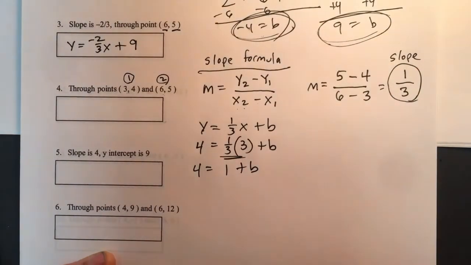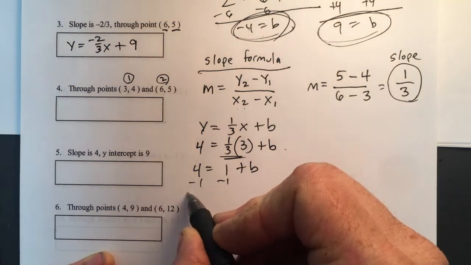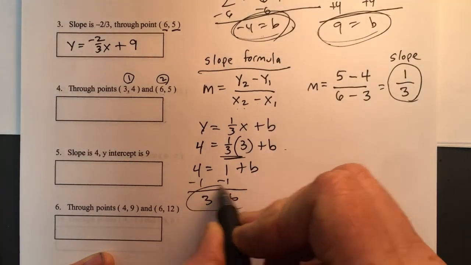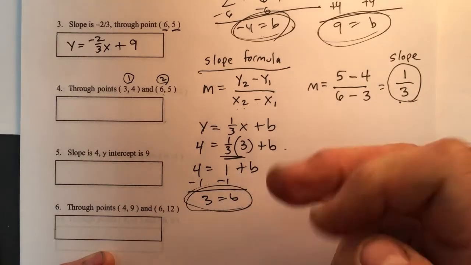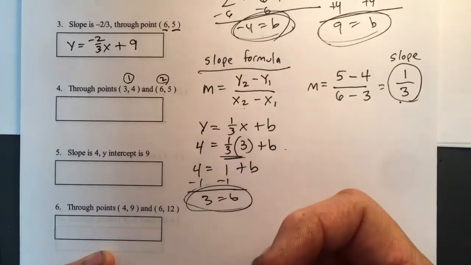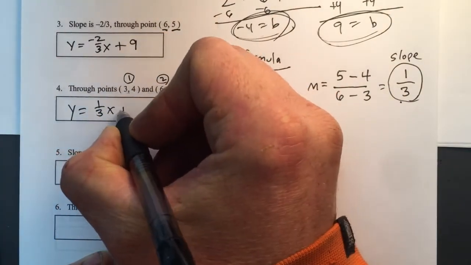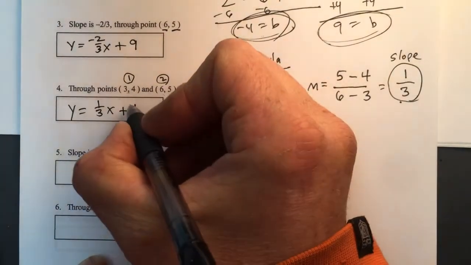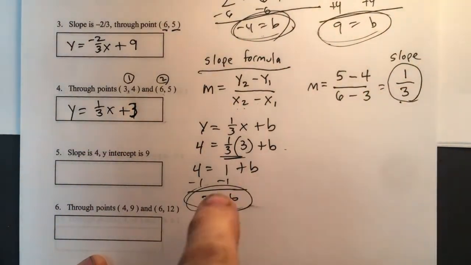Plus b. So this is 1 plus b, and now I just subtract 1. And there you go, there's my y-intercept. So here's my slope, there's my y-intercept. That's the 2 things I have to have. So my equation, y equals 1/3 x plus 1. I'm sorry, 3. It's 3. 1/3 x plus 3.